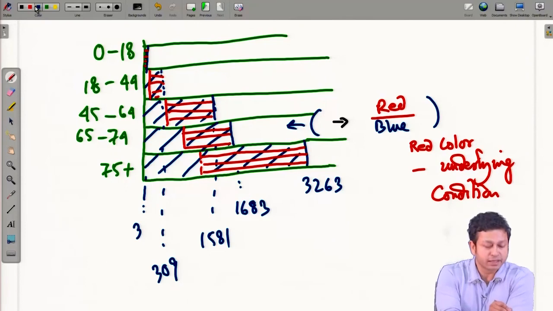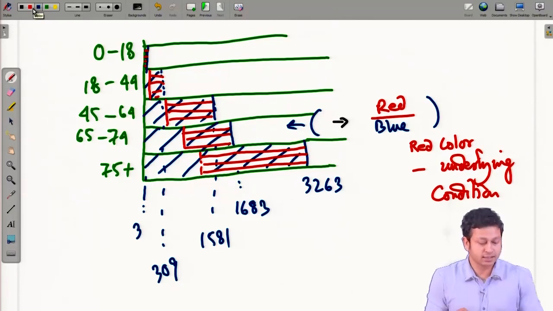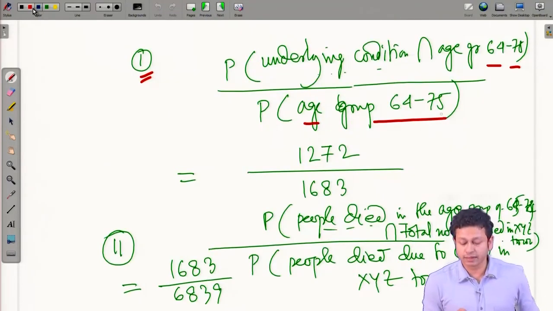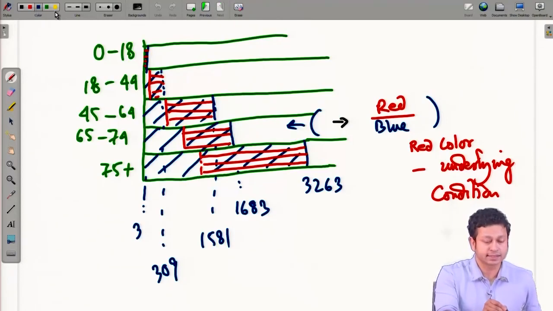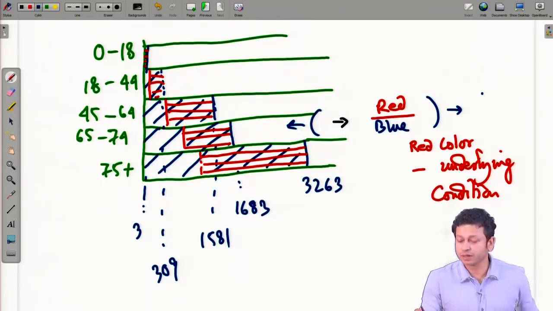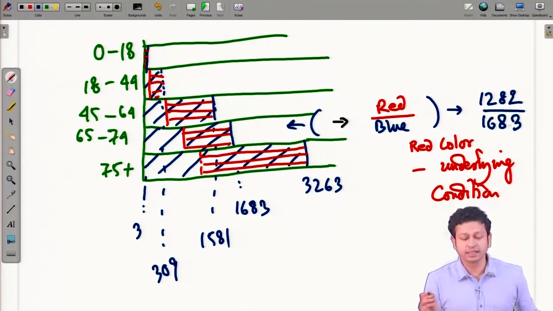So, essentially that would mean the same thing, that is the number we got, 1272 by 1683, okay. So, this is just basically for our understanding.